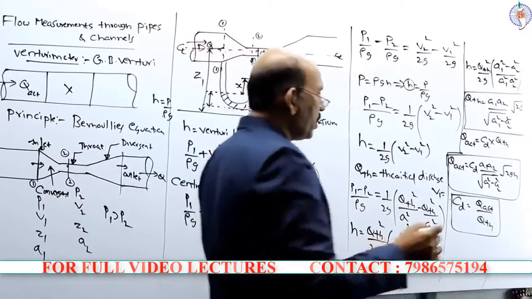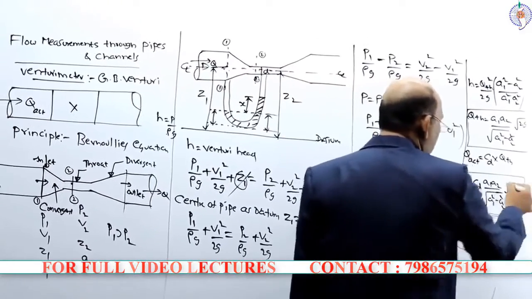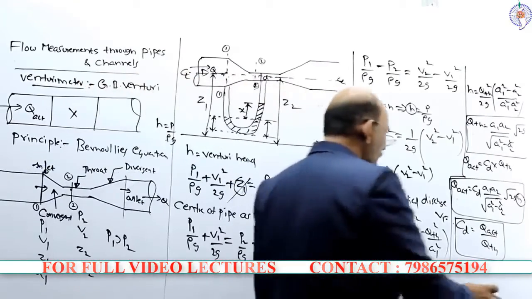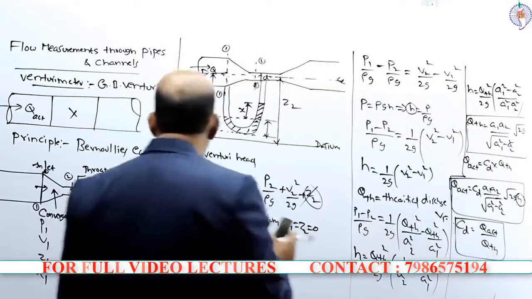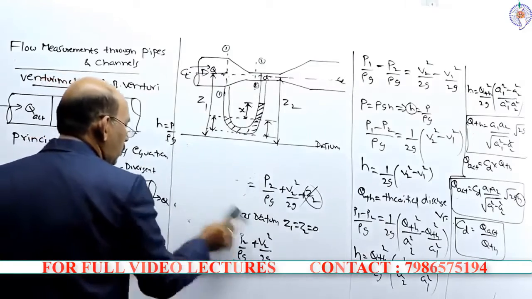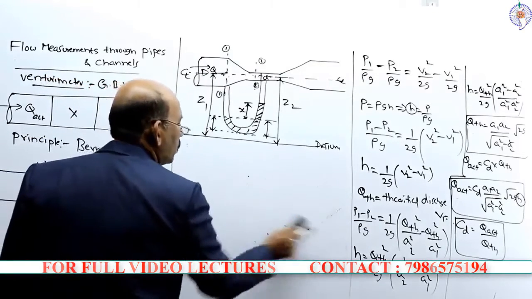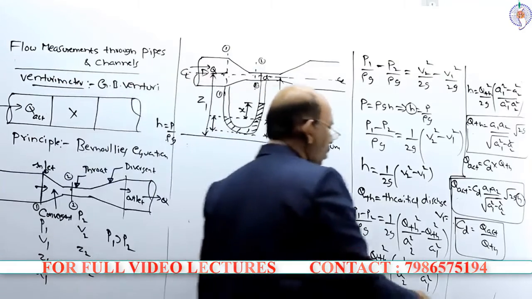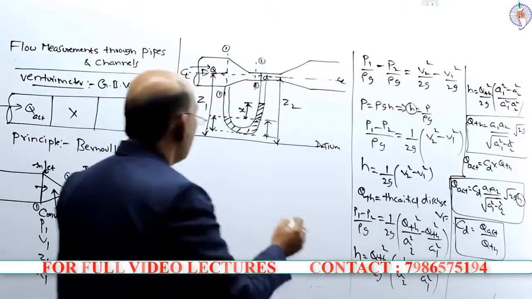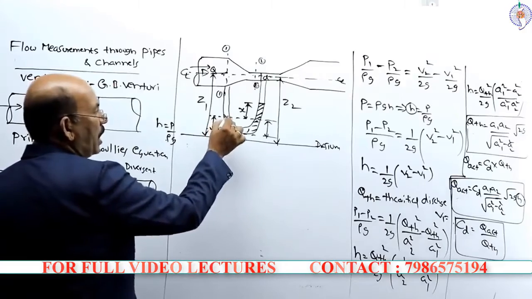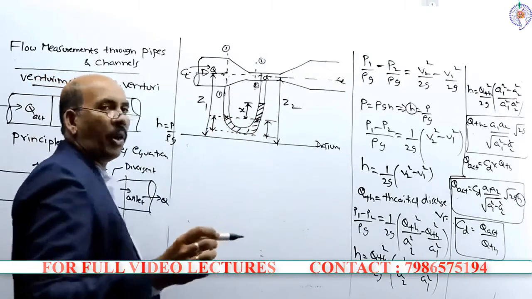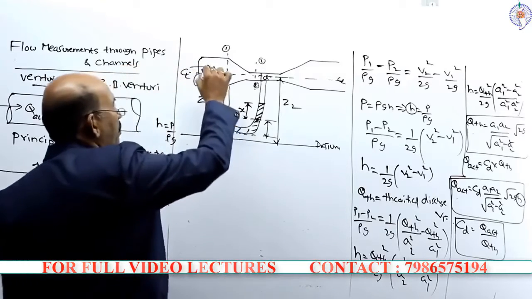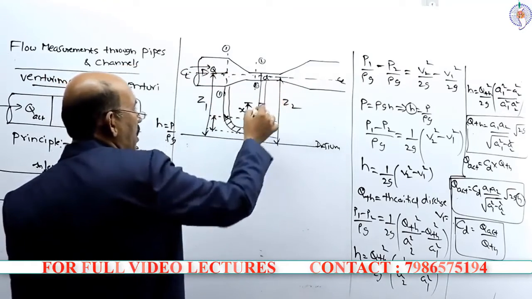Now you can see this particular H here. This H is the Venturi head. This Venturi head can be calculated by applying the manometric equation, equating the pressure from this limb and the pressure from this limb.